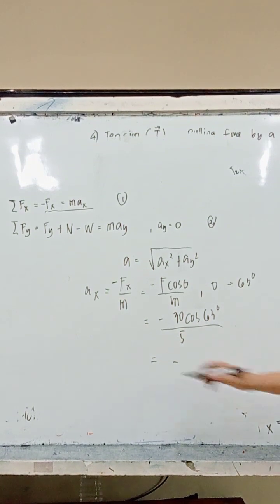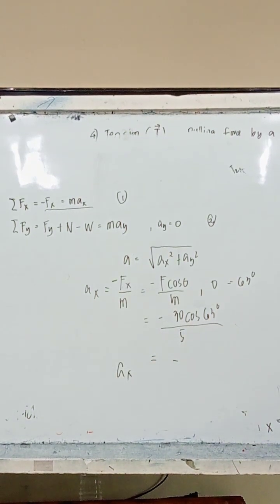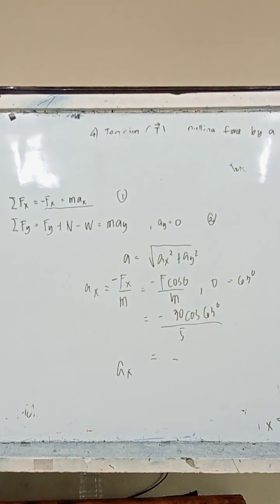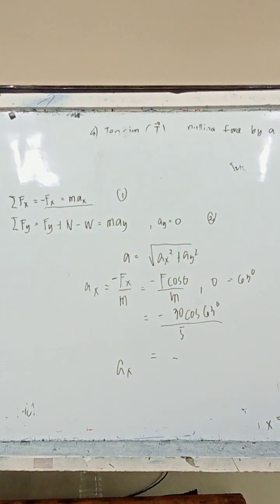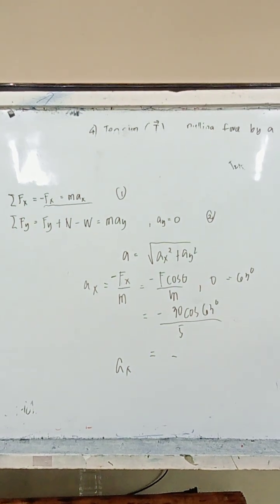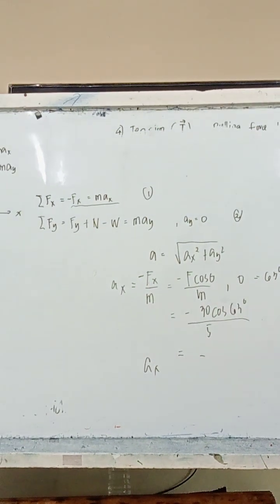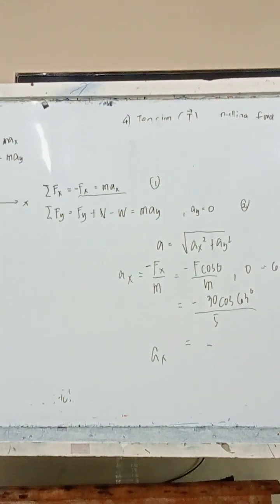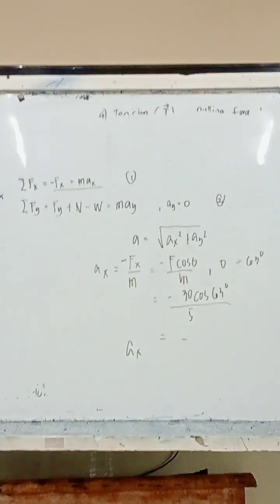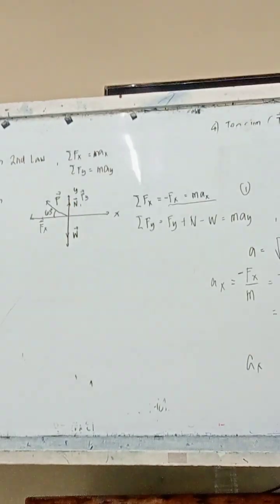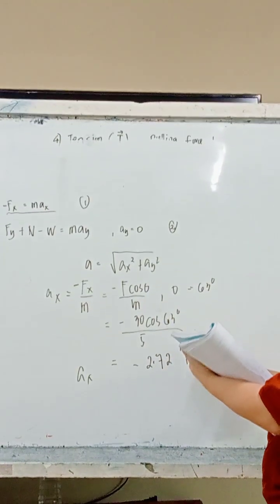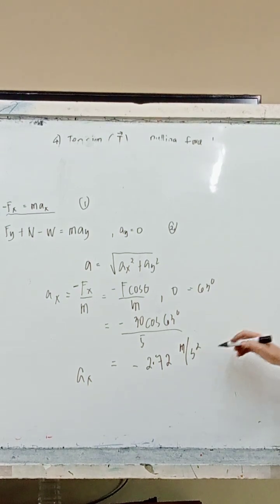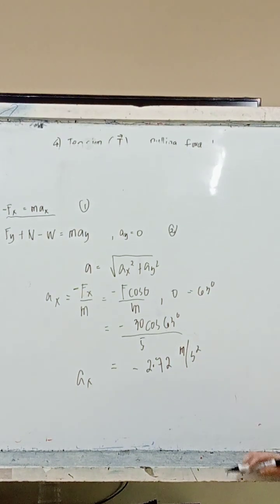The acceleration ax is negative, so its motion is toward the negative x-axis. The result is 2.72 m/s squared.